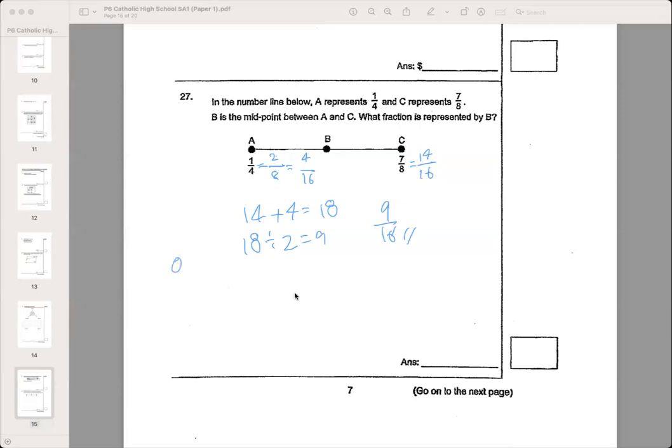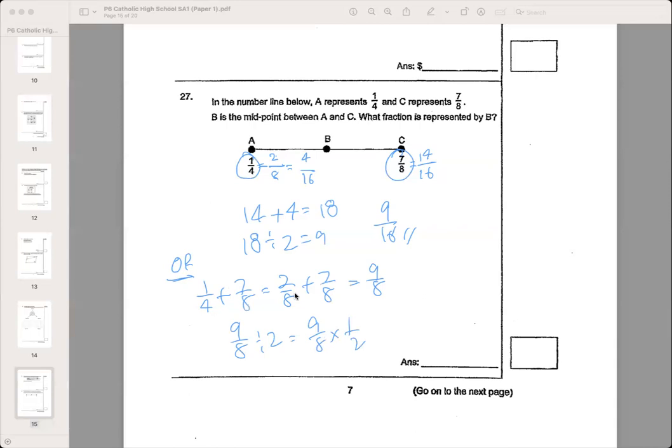However, if at primary 5, you already learned how to multiply fractions, this is what you will do. You add this plus this, divided by 2. Simple as that. 1/4 plus 7 over 8, so you get 2 over 8 plus 7 over 8, which is 9 over 8. Now divide this by 2. 9 over 8 divided by 2 is 9 over 8 times half.